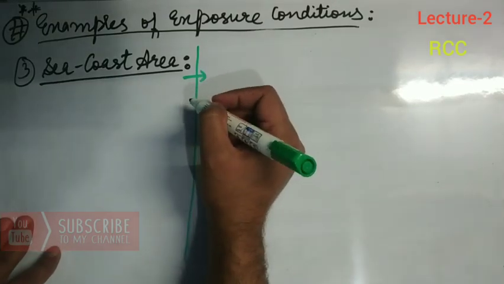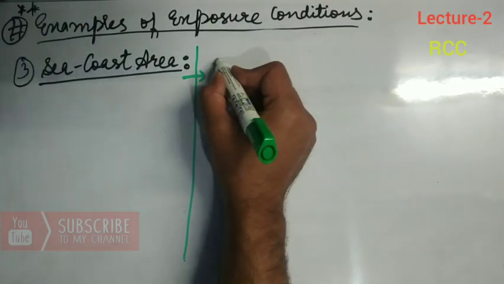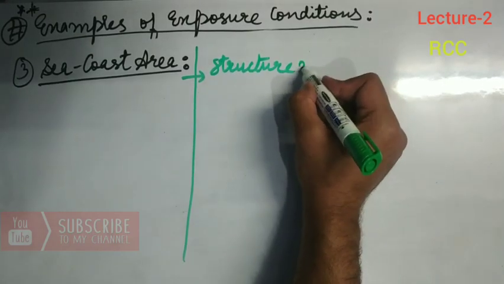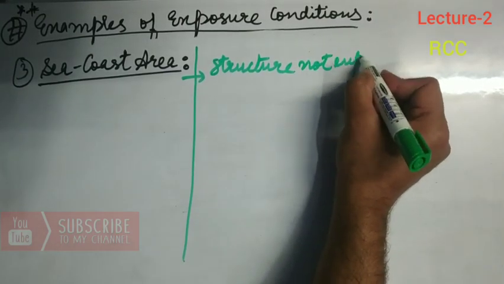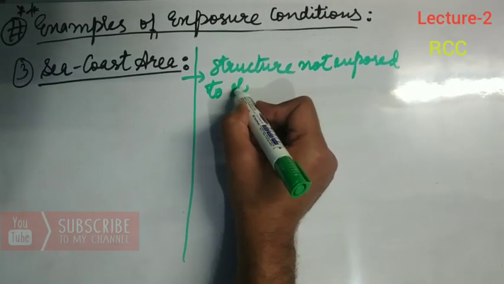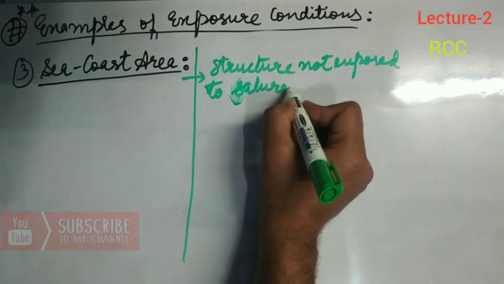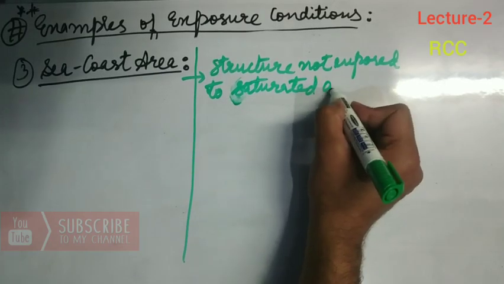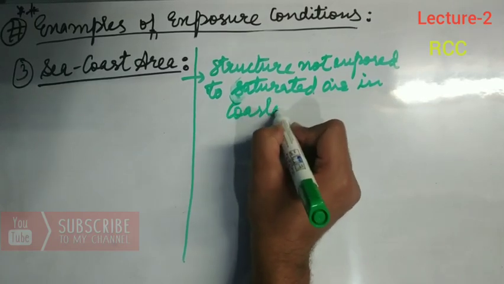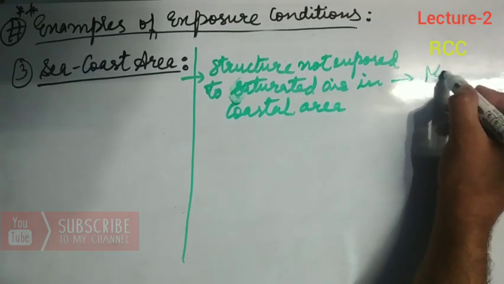If a structure is not exposed to saturated air in coastal area, in this case, the exposure condition will be moderate.